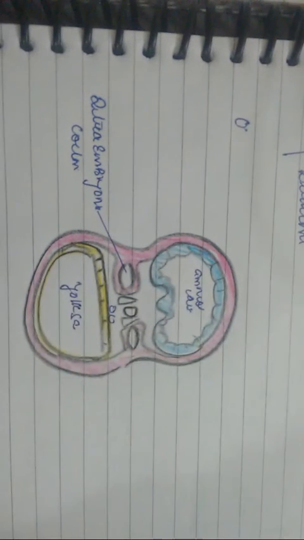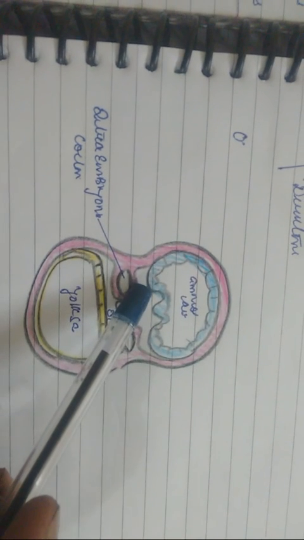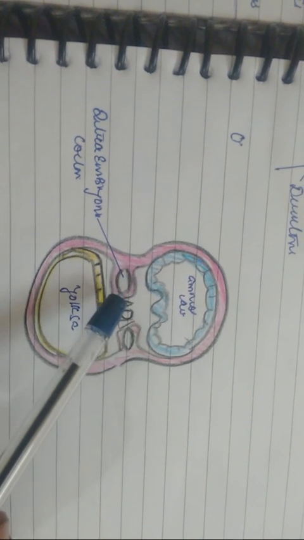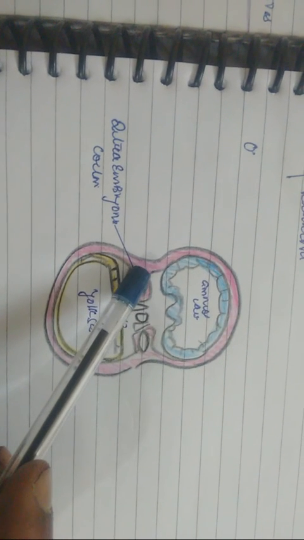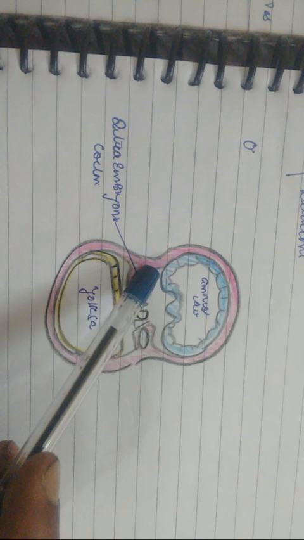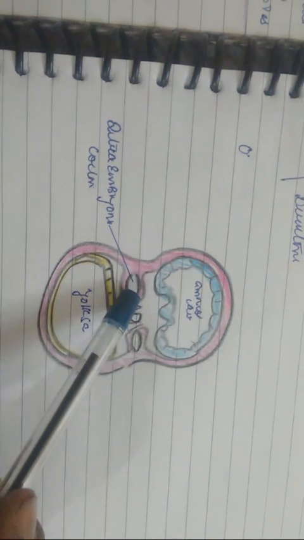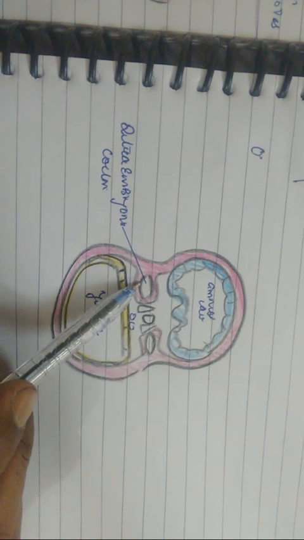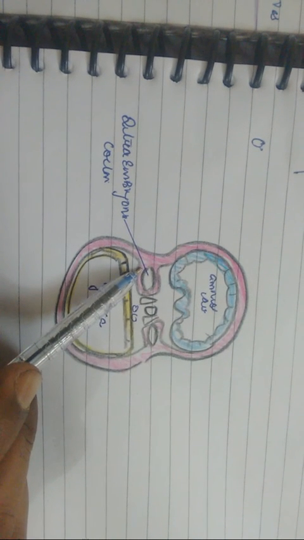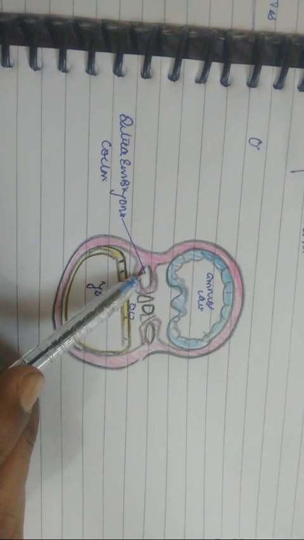If you look at this aspect, there is a slight disturbance here, I'll finish it now. You can see this is the extra embryonic mesoderm, and it is covering a cavity. This encloses a cavity, and this cavity is called the intraembryonic coelom.